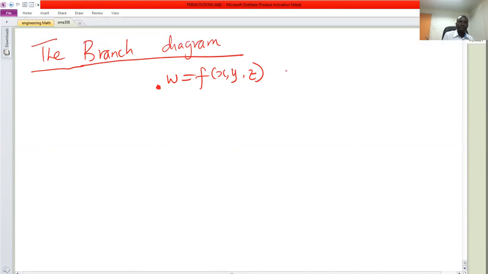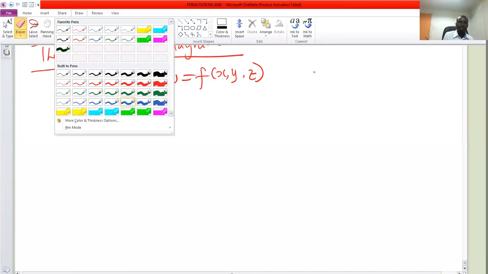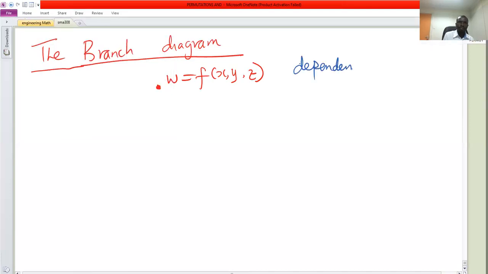This is what you are calling the dependent variable. And then we have intermediate variables, 3 of them: x, y, and z.